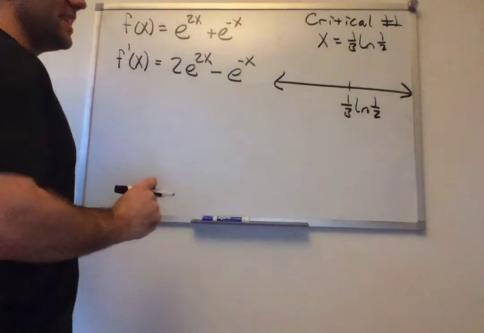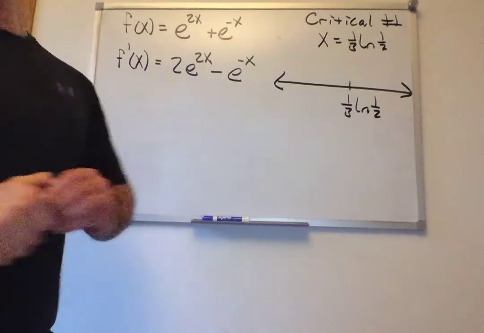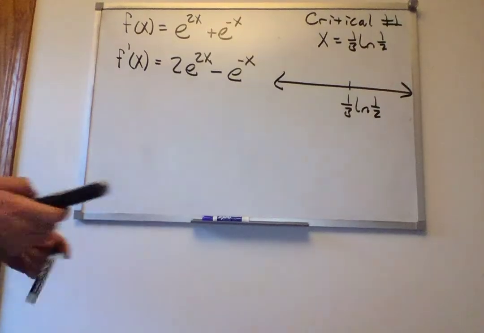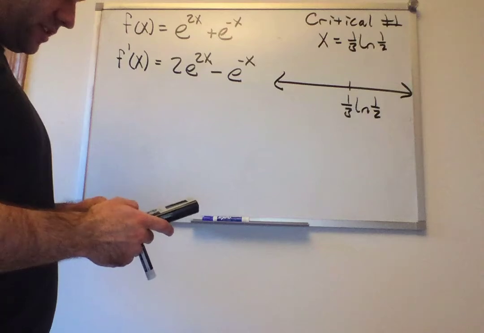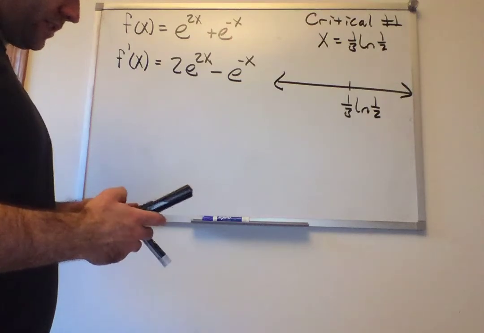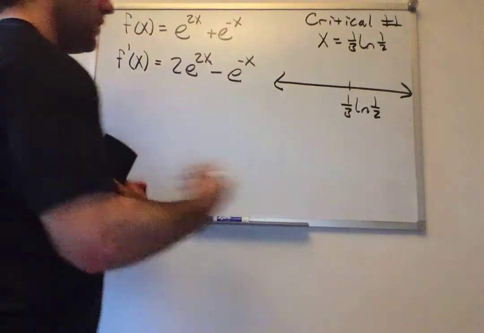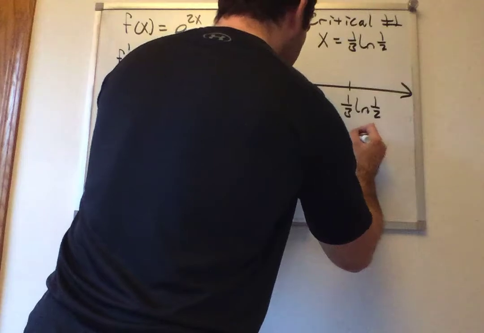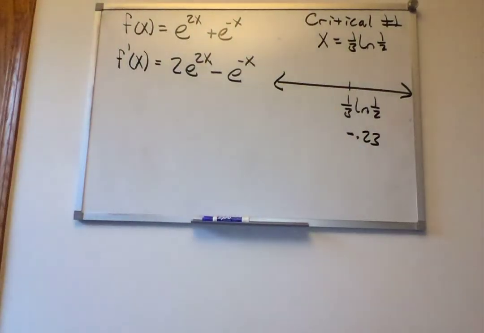Now this is a positive number. I have no idea what number this is. That's when you would get out a calculator, plug it in, and see, so you have an idea of where it is. 1/3 times ln of 1/2. Oh, it's not a positive number. It's a negative number. Yeah, ln of 1/2 is definitely negative. Negative 0.23. Okay.